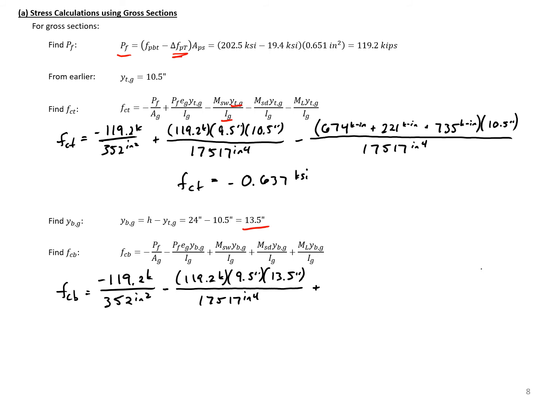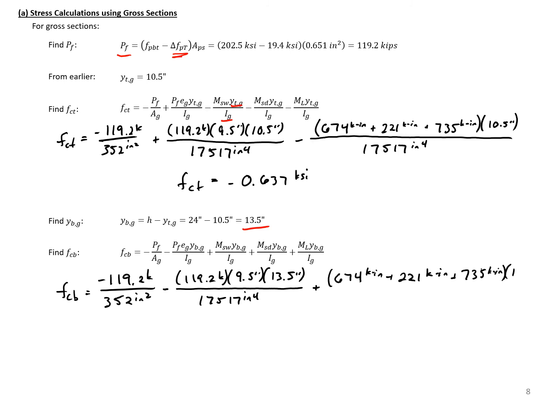All of our moments are going to cause tension in the bottom. I'm going to group these again for the same reasons as above. And we'll have our self-weight moment, 674 kip inches, plus our moment due to our superimposed dead load, 221, plus our live load moment, 735 kip inches.